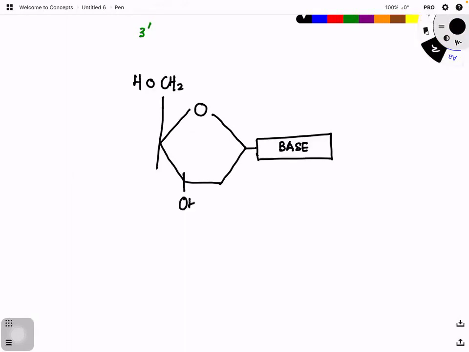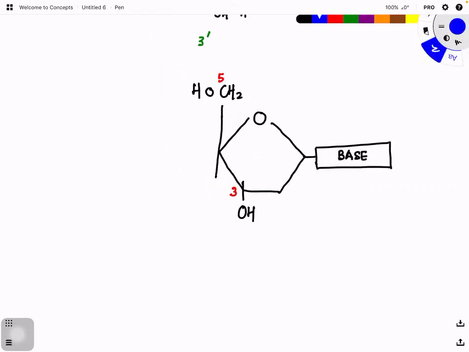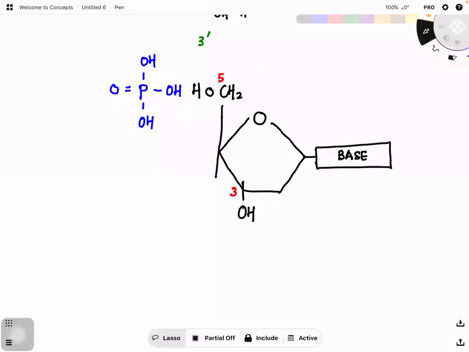I focus on this carbon number 5 and carbon number 3 only. What actually happened now? A nucleotide, this ribose or deoxyribose sugar, must react with the phosphate group. The phosphate group is P, double bond O, OH, OH, OH. Can you see that? Are you clear? Let me bring it down a bit.